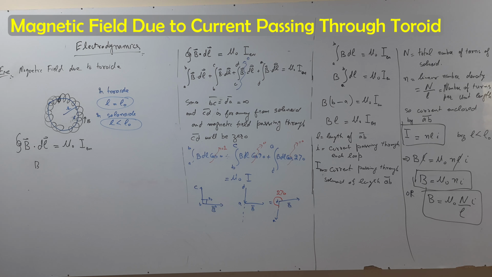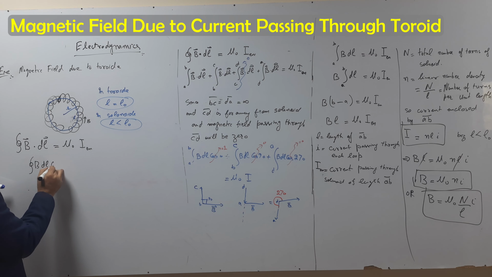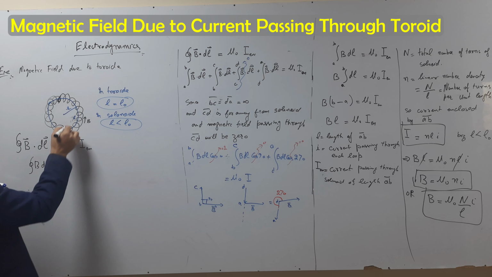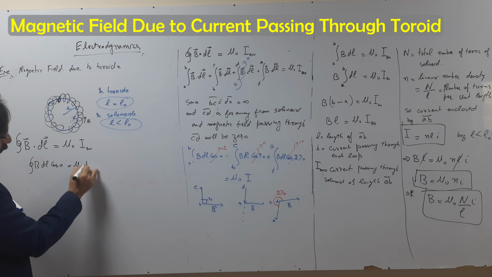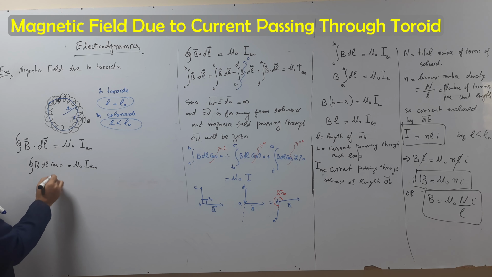So what will be the angle between B and dl? B dl cos 0, because dl is also along B, cos 0 is 1, equal to mu naught I enclosed. So B is constant, as I have already explained.